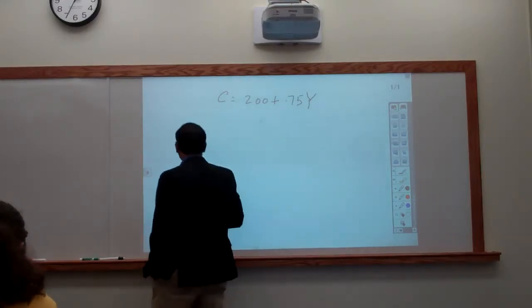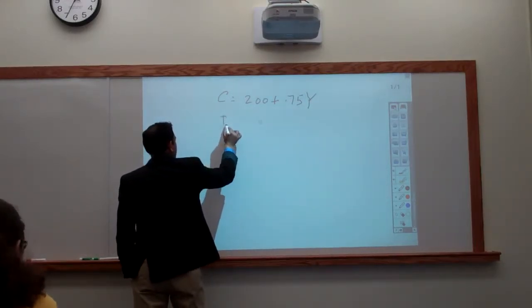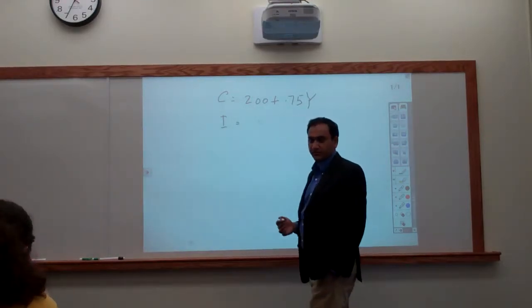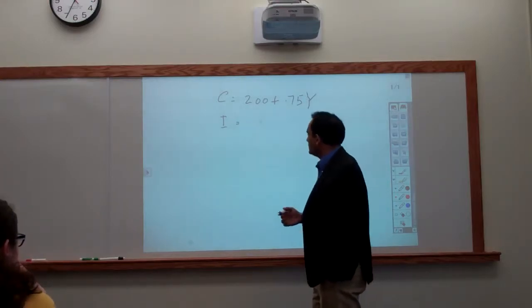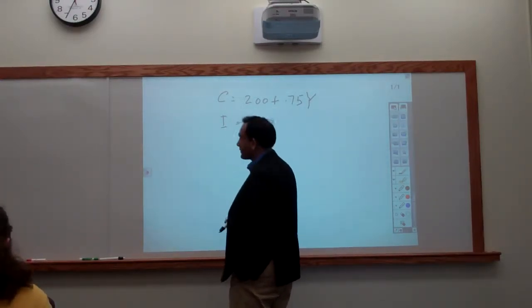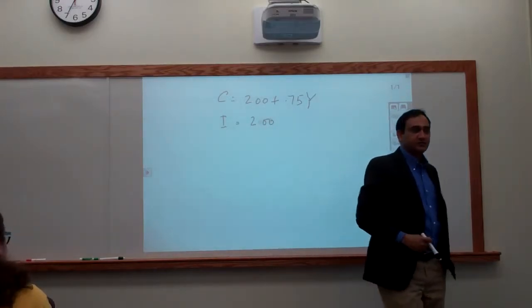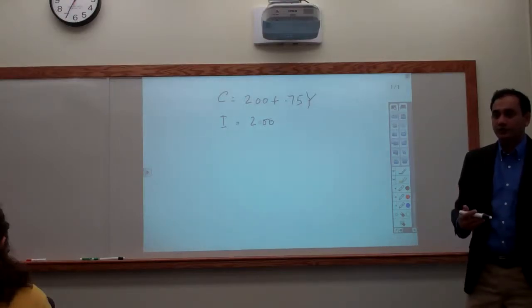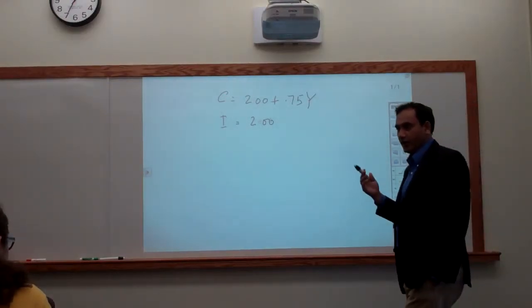That's your consumption function. And let's suppose investment, which is an exogenous variable, predetermined so we know the value, is $200. Given this information, we need to find the value of real GDP, y.